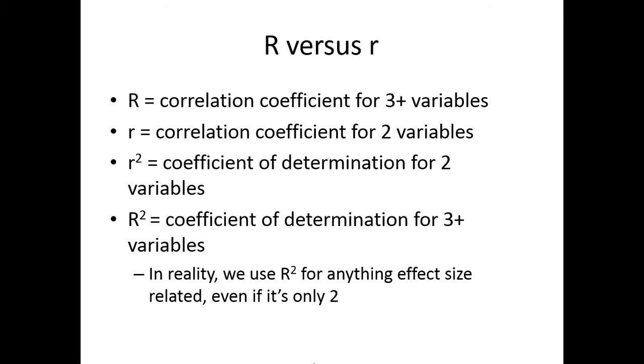Big R squared is for 3 or more variables. So the distinction between little r and big R is the number of x's. People don't understand this, and everybody just uses big R squared for everything, even though it's not appropriate. So if you see it on the output, the distinction is the number of x variables. Generally, people talk about little r squared when they're doing correlations, and big R squared when they're doing regression.